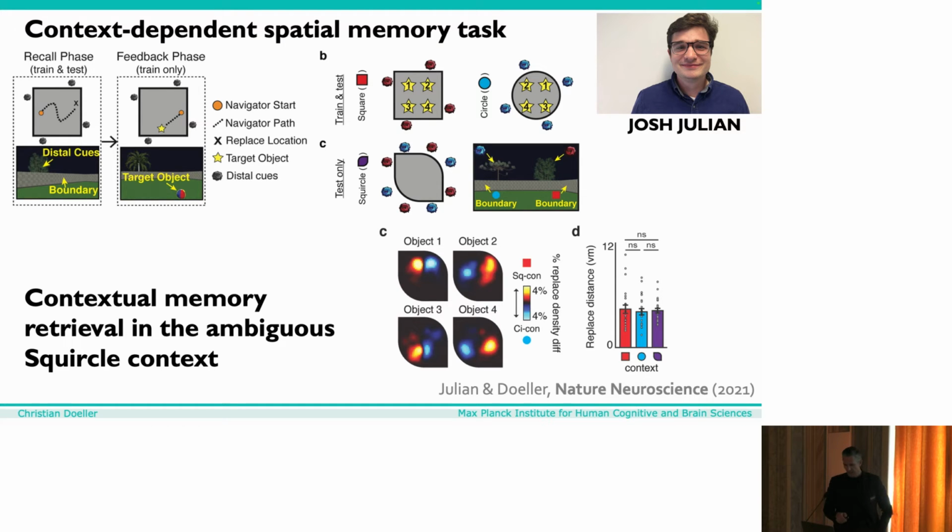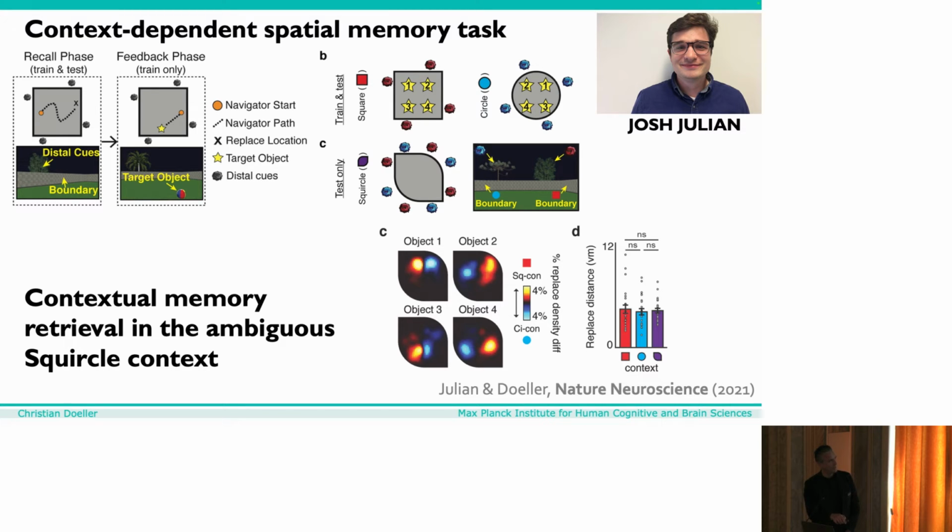And we can also look at the performance. What we usually measure is the replace distance. So we measure the distance between the correct object location and the specific response location, and average that across trials. And what you see here is that performance in the square and the circle is very similar.